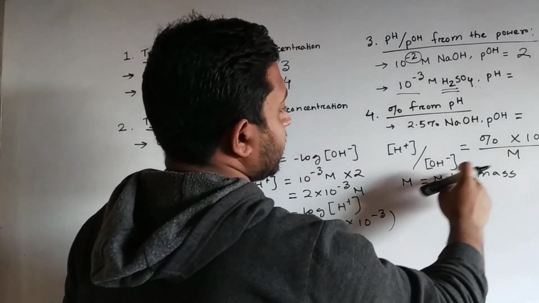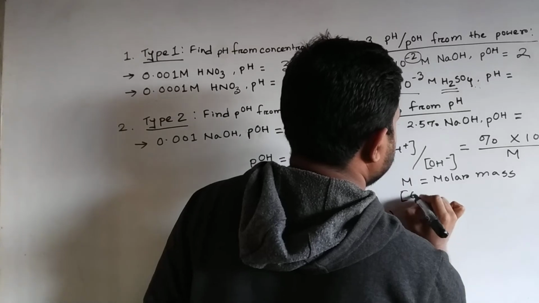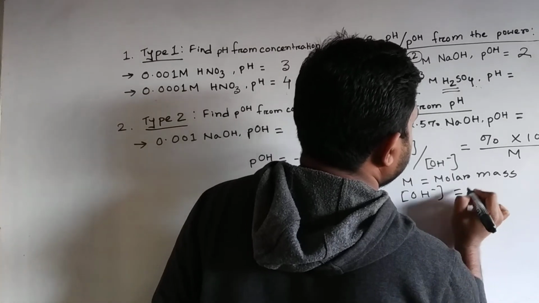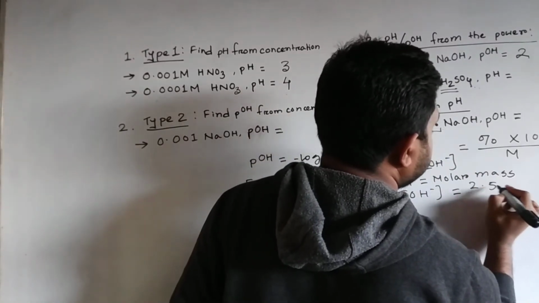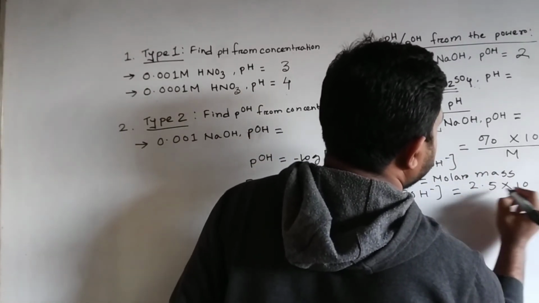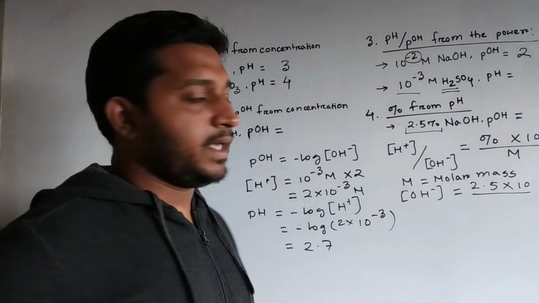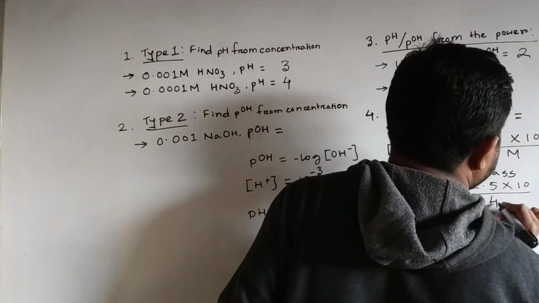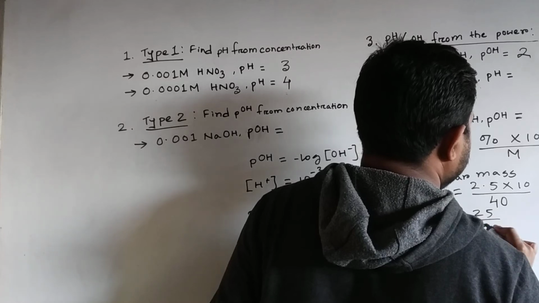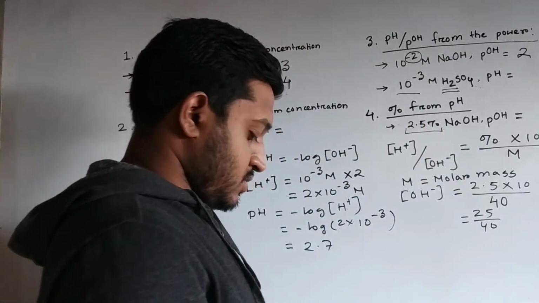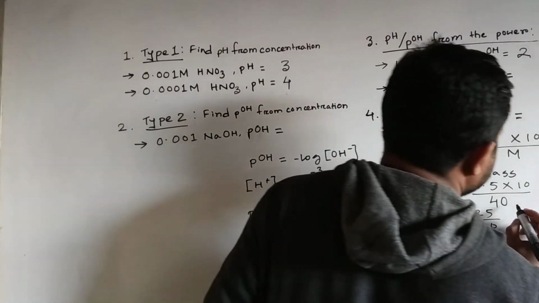Here just put the value. Our percentage value is 2.5, so 2.5 into 10. The molar mass of sodium hydroxide is 40. So what will it be? 25 divided by 40 is 0.625.